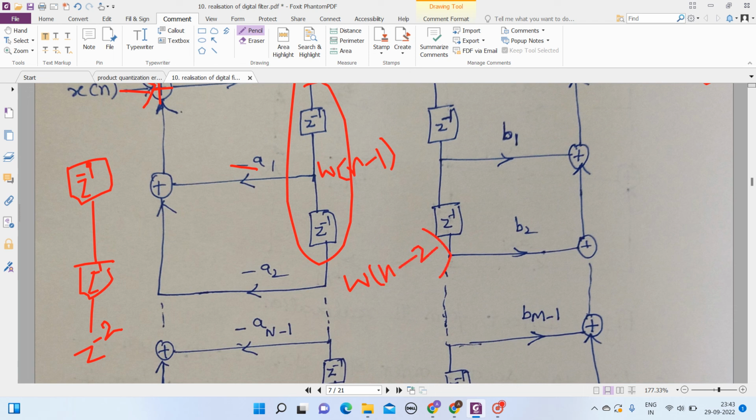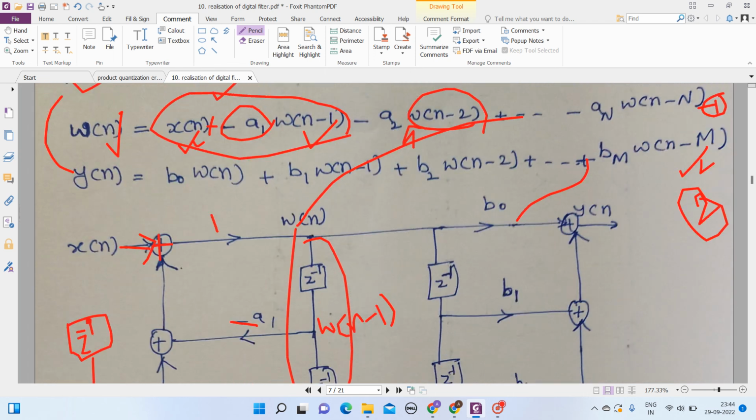Here the output is just you have to multiply this minus a2 coefficient with w of n minus 2. Now, with these two terms, I am adding minus a2 w of n minus 2. Then only I will get this term.